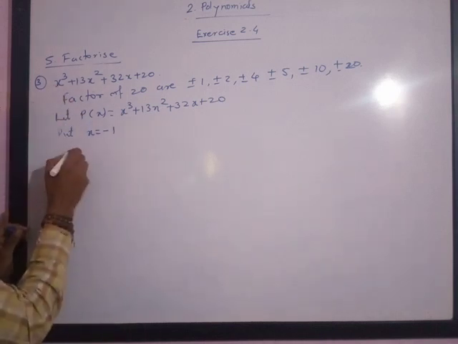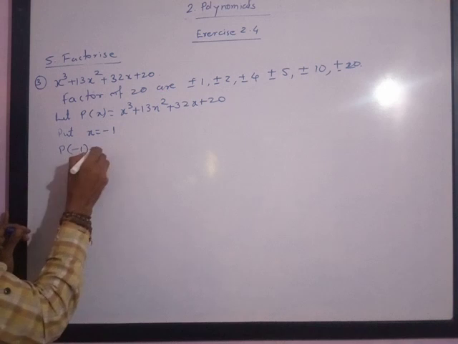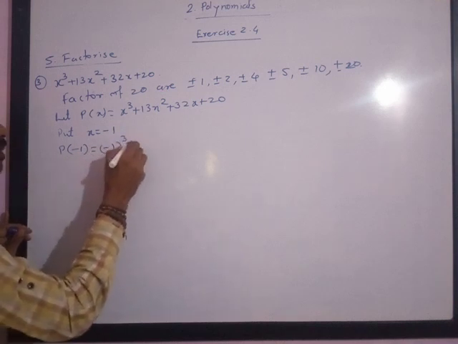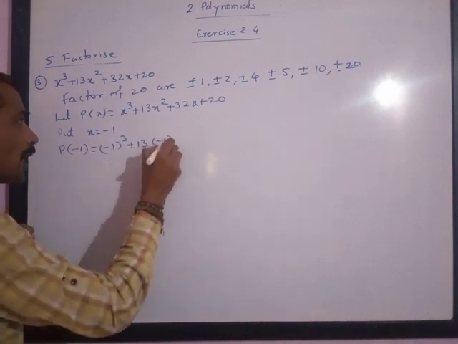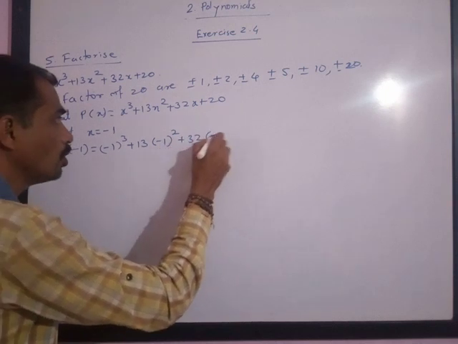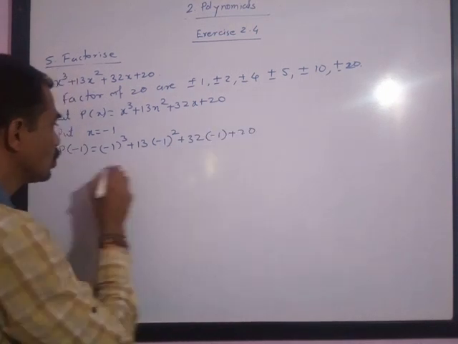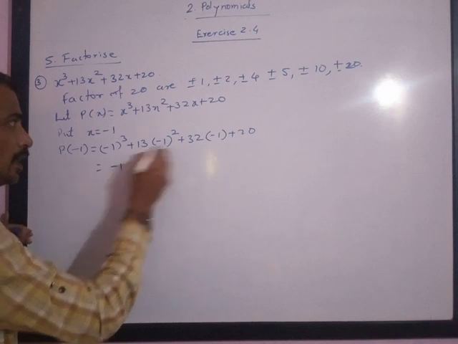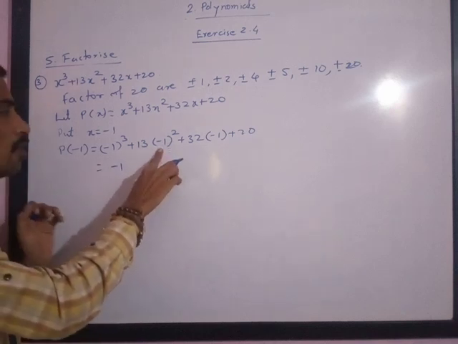We will get p of minus 1 is equal to minus 1 bracket cube plus 13 into minus 1 bracket square plus 32 into minus 1 plus 20. So this is equal to minus 1. Please note, minus 1 square will be plus 1.